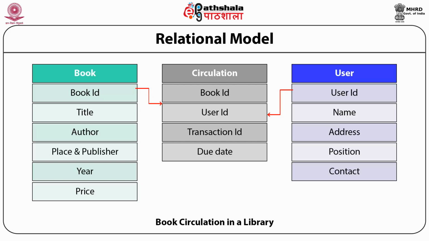Then the same circulation table gives, through the book ID from the book table, all the details of the documents this particular person has borrowed from the library. So this way, it is a kind of relation among different tables which can work together and produce a system.